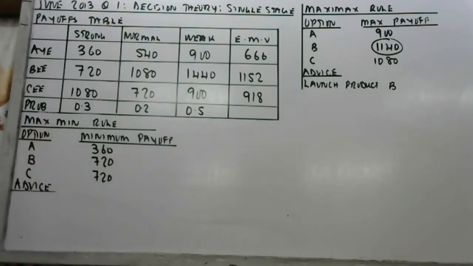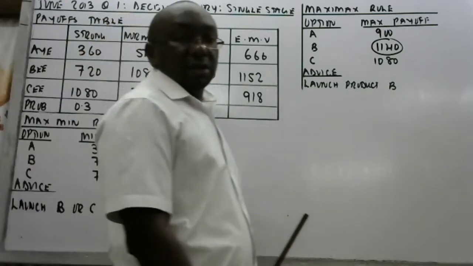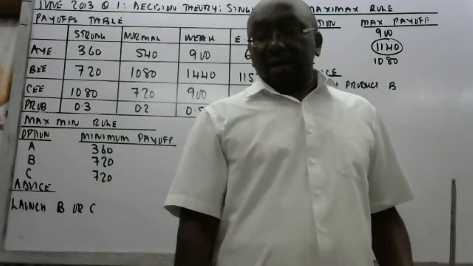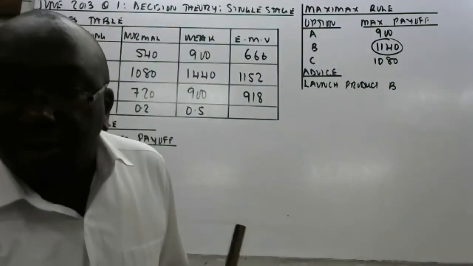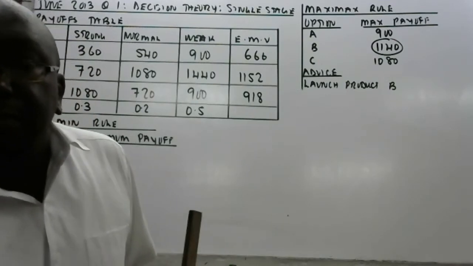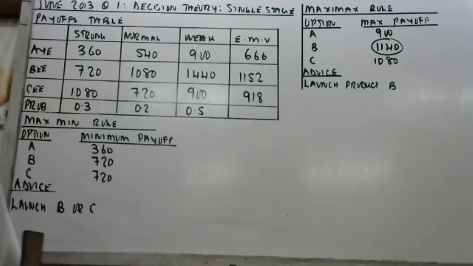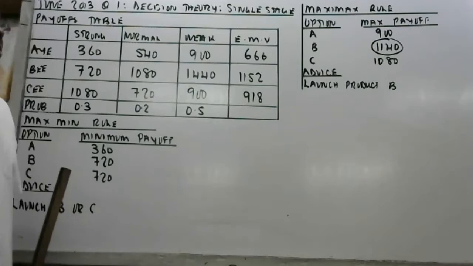The maximum happens to be 720, so you advise them to launch B or C because they happen to have the same minimum.